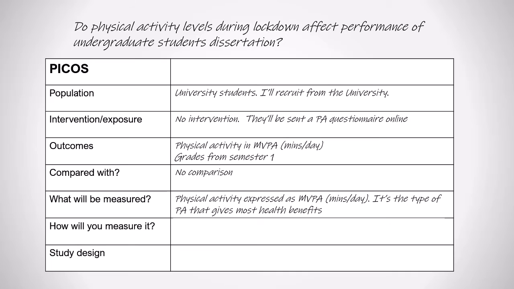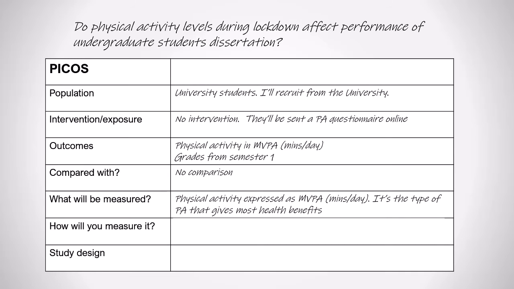And make sure you've got your measurement method nailed down. Why? This is a common question when you're doing your poster presentation. Okay, why did you choose to measure this particular construct? So, for example, physical activity. Why did you choose moderate to vigorous physical activity?